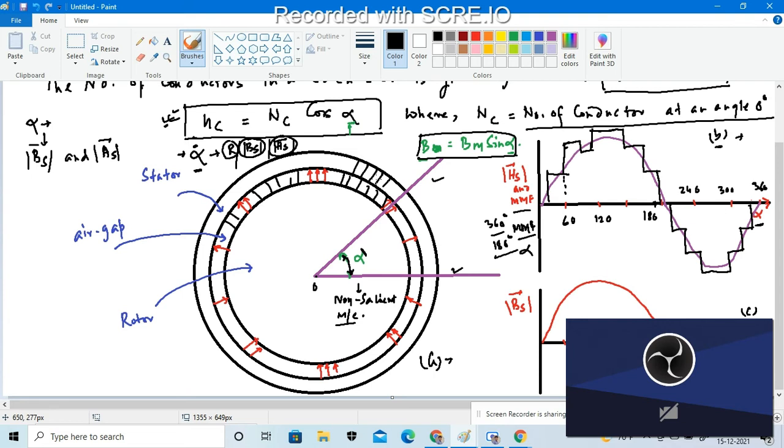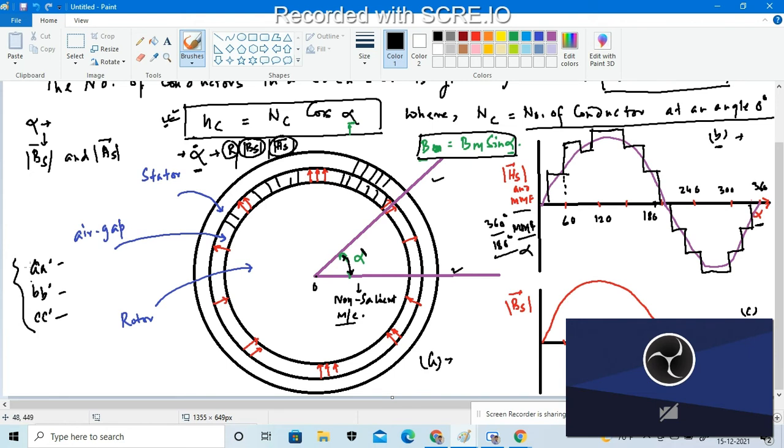Okay, so for that case, now in the next segment, we have a discussion of the induced voltage in an AC machine. As far as the design aspect is concerned, we are considering a three phase set of currents, because we are considering three different coils: a dash, b dash, c dash.